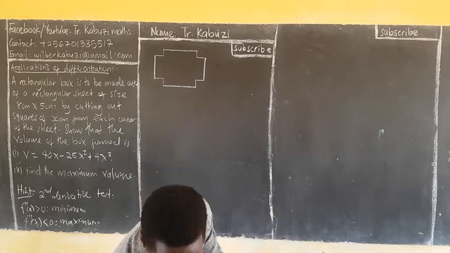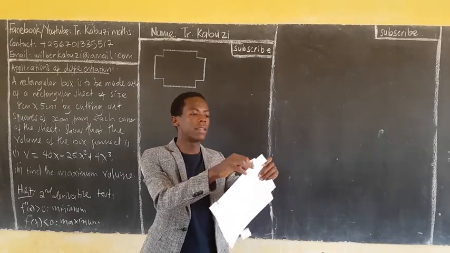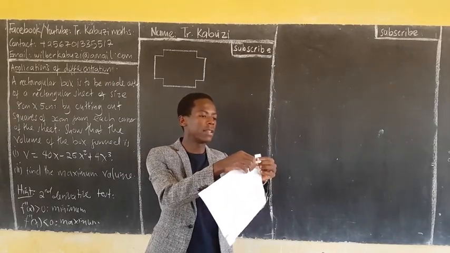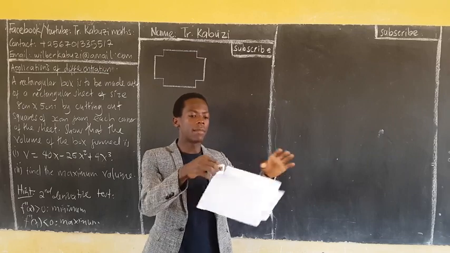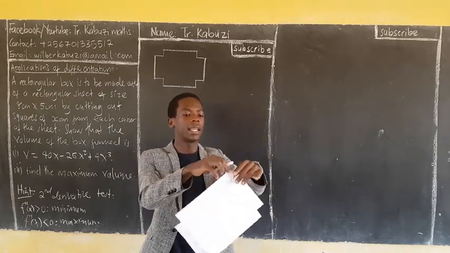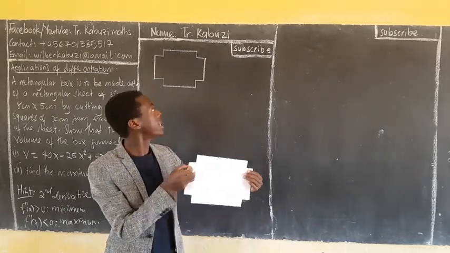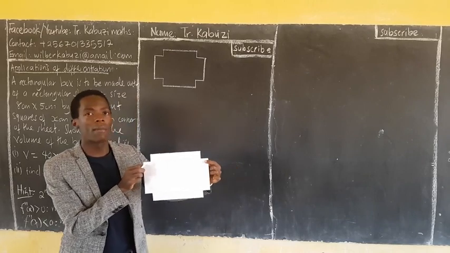Now, if I cut them out, you see that I'll be removing these squares. So I remove this square, I also remove this square, I remove also this square on the edges. So also I remove this. So what I'm remaining with is what I have there.